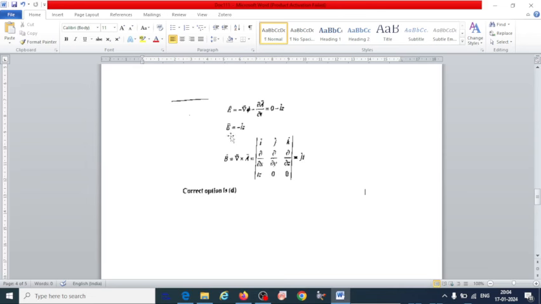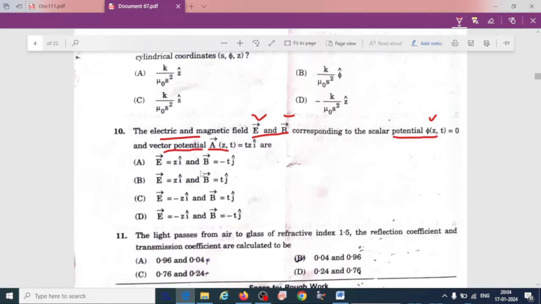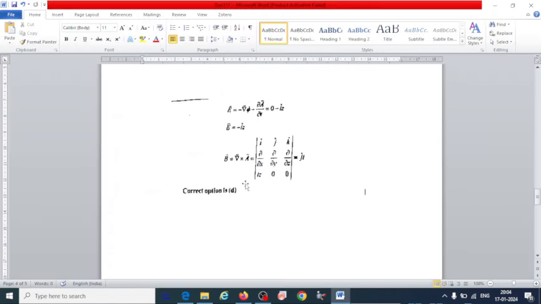For the given question, the correct option is option C: E is equal to minus z i cap, B is equal to t j cap.